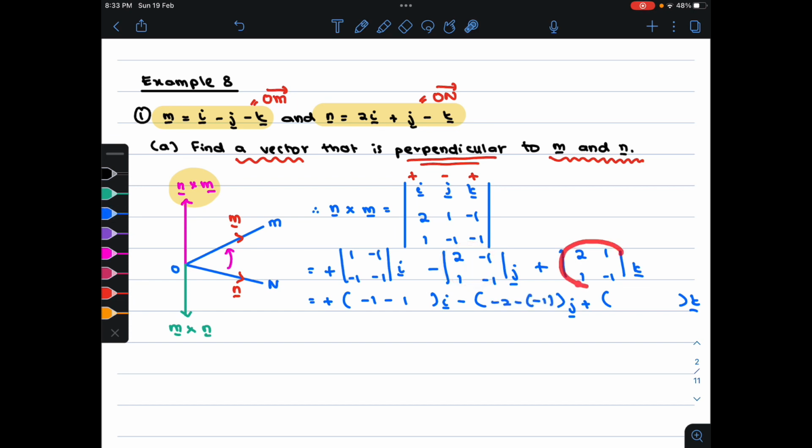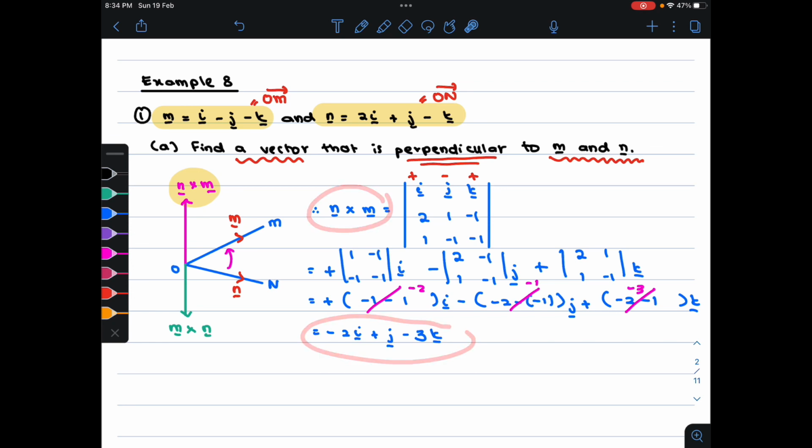And for the third determinant, it's going to be negative 2 minus 1. So now we're going to simplify everything here. And the answer is this. So this is the answer if you do n cross m.